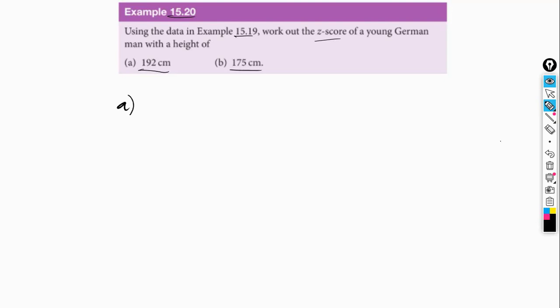So let's recall that the z-score is equal to the random variable x minus the mean divided by the standard deviation. And in the previous example, we said that the mean was 181 centimeters and the standard deviation is 8 centimeters.